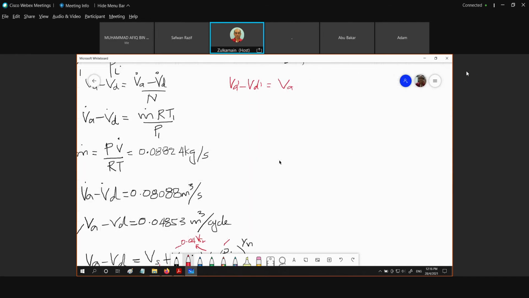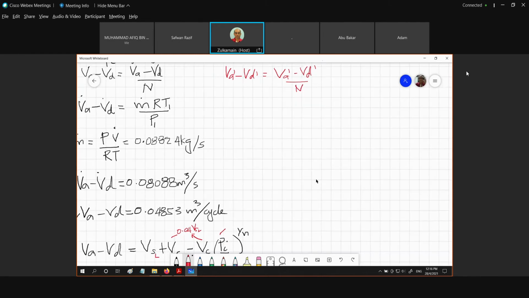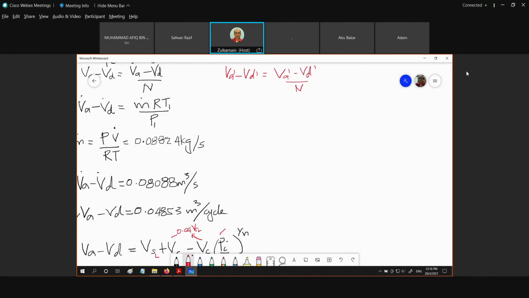So in this case, we are going to have the VA prime minus VD prime divided by N. Same manner. Then we need to solve for the V. This is prime. And we know that the VA prime minus VD prime is basically based on PI and TI. And the TI is TI prime.